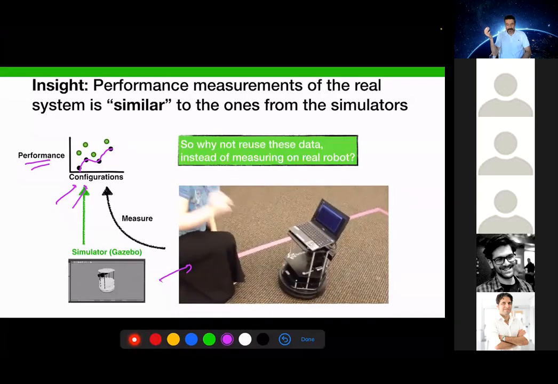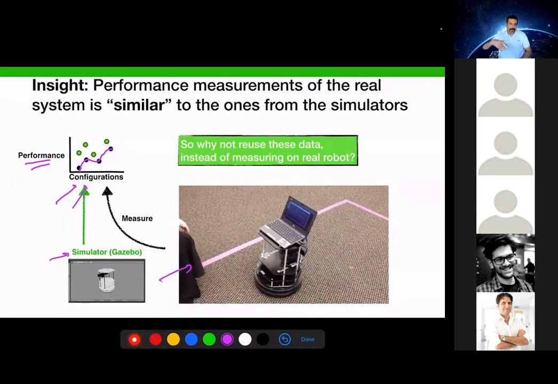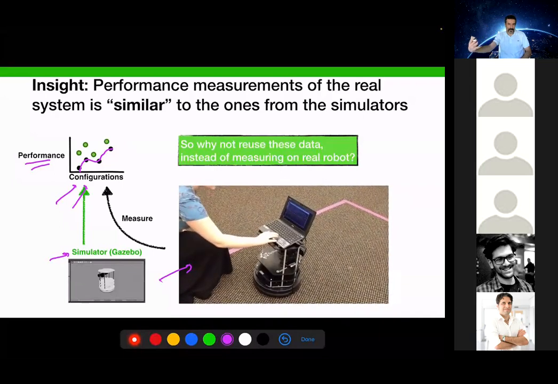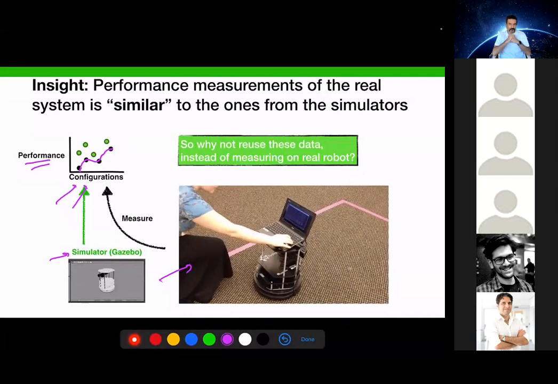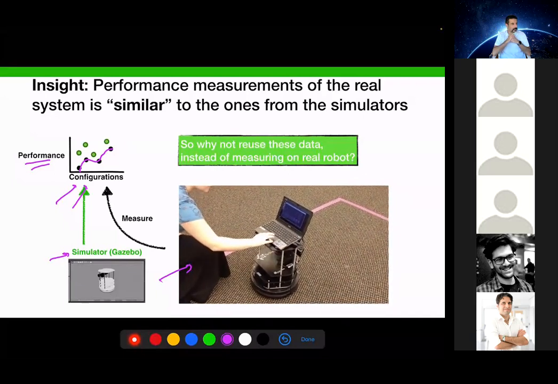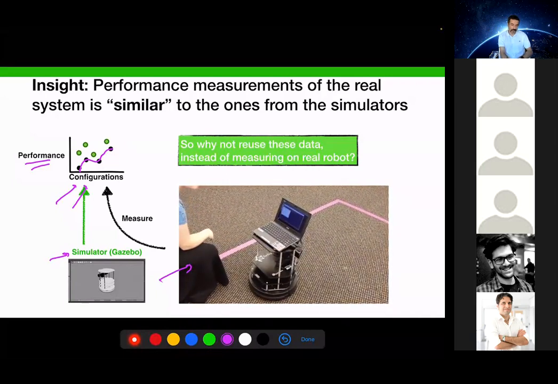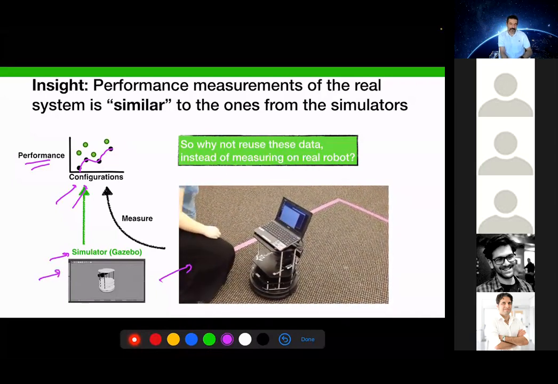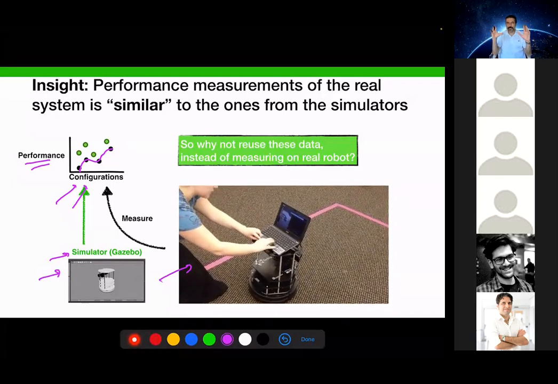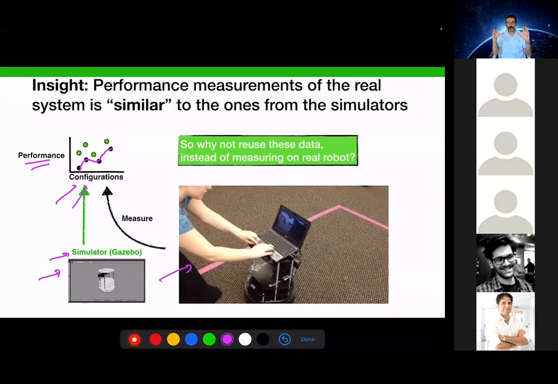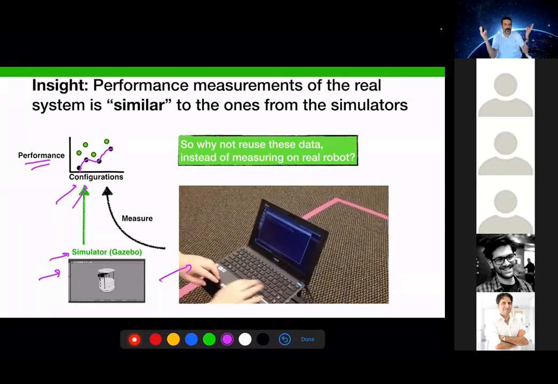Obviously, in this setting, you could exploit some simulator that provides you measurements for your performance evaluation, but this comes with some noise. It depends on the fidelity of this simulator. Typically for any system, you might have different simulators.